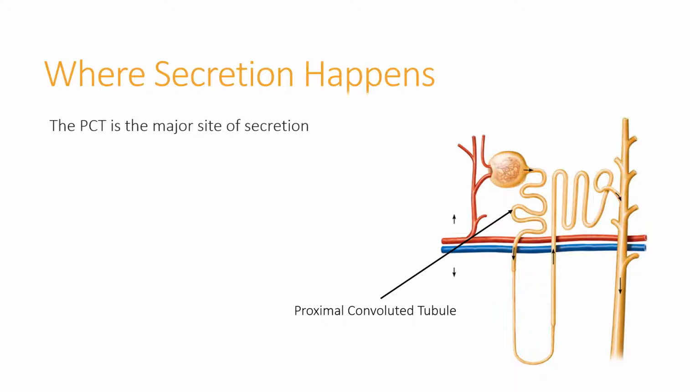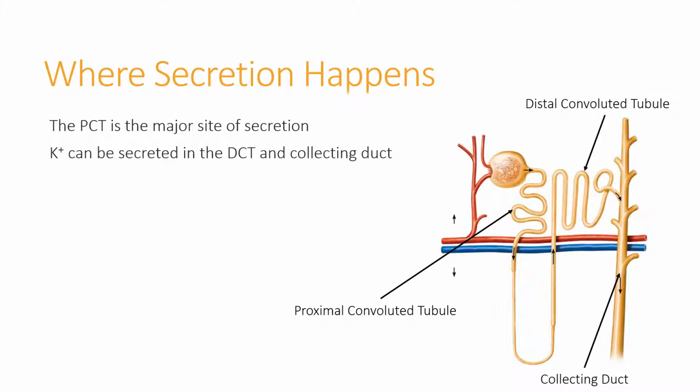The proximal convoluted tubule is the major site where secretion happens. Most things that get secreted, like our hydrogen ions, our ammonium ions, and certain drugs, are secreted here in the proximal convoluted tubule.